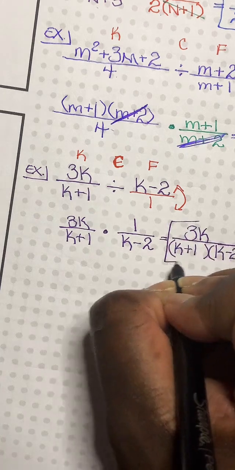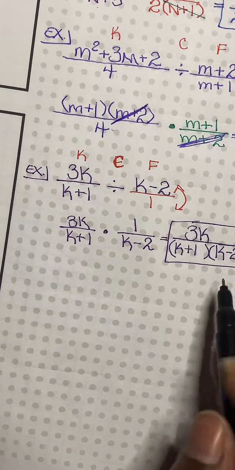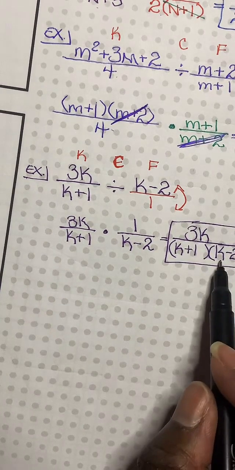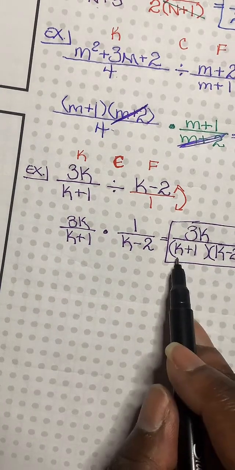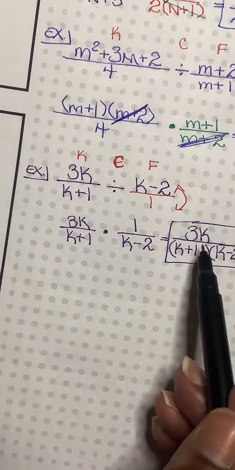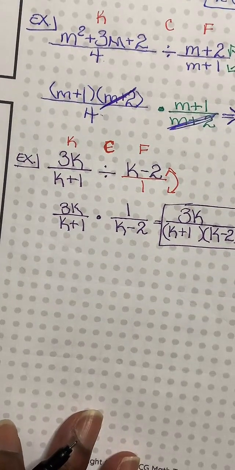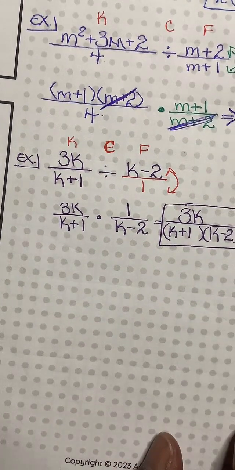And that's going to be your answer. You cannot factor out the k's because those k's are with the k minus 2 or the k plus 1. You cannot cross it out with the k that's in the numerator. Yep, nothing cancels out. Everything's nice and simple.